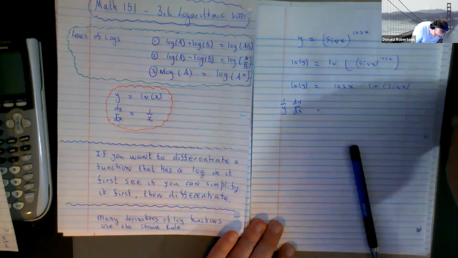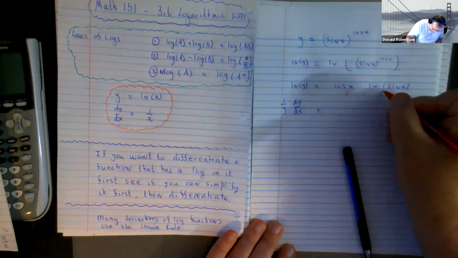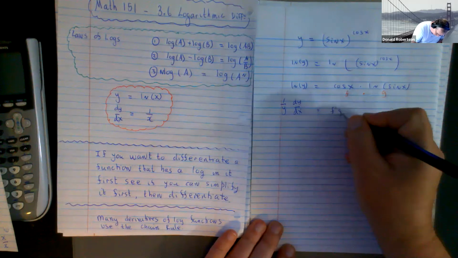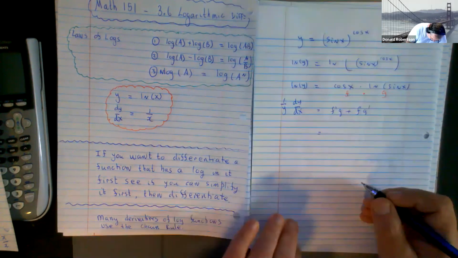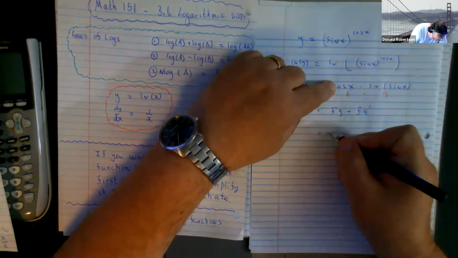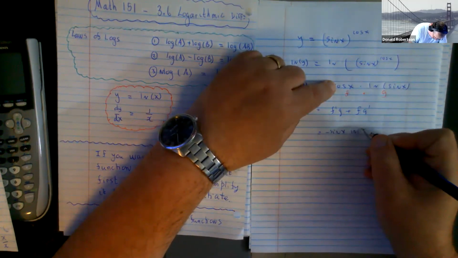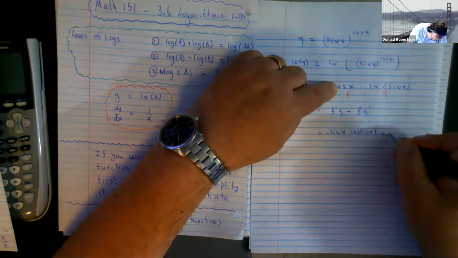This fella, because it's like the ultimate of ugly, is still a product rule. See what you get. If you differentiate a cosine, you get a negative sine, and you leave that guy alone. Plus, you leave this guy alone.